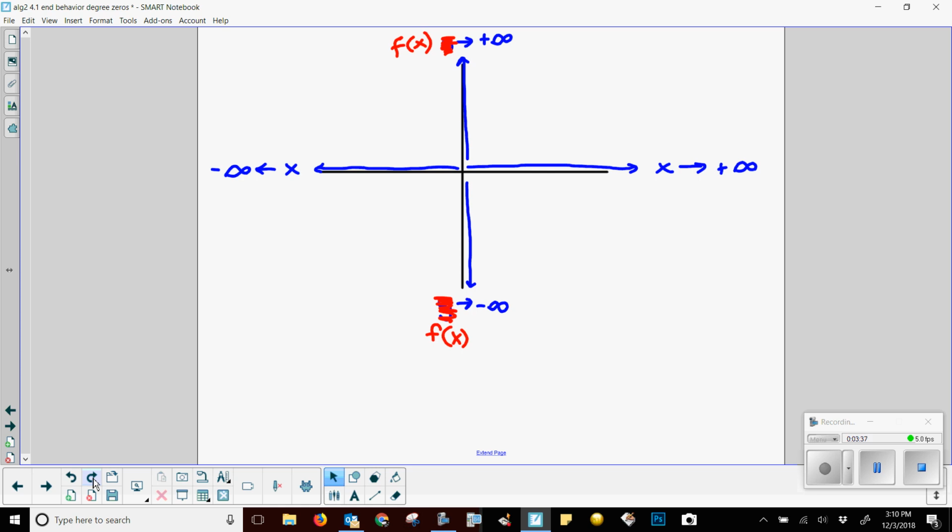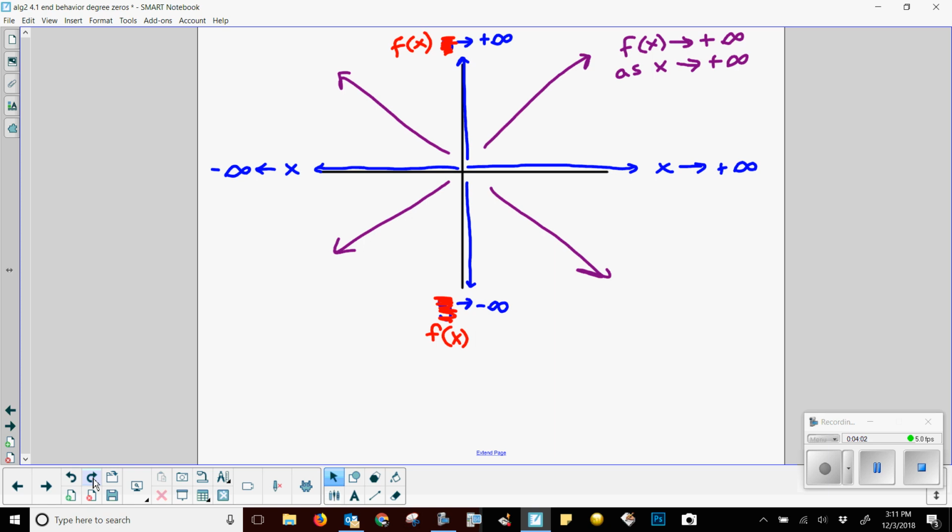Well, we only have four options. It's either going to go up and to the right, down and to the right, down to the left, or up to the left. They could be curved, they could be straight. We just know that once they put the arrow on the end of that graph, we know which direction it's going.